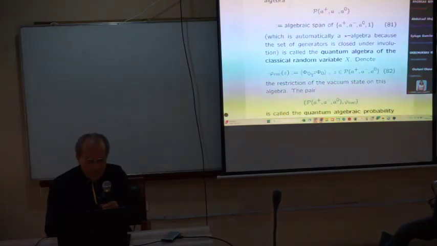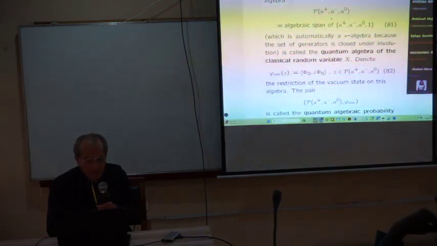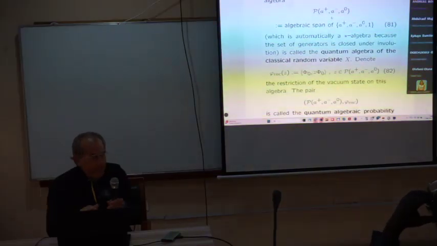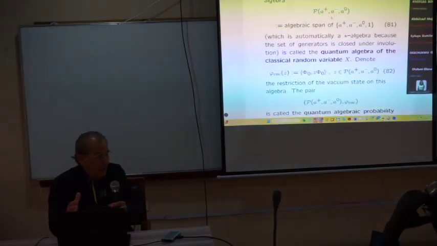Which is this state? Is the state, because you see, every element of this algebra, the quantum algebra, associated to the random variable x, any element of this algebra is an operator on the pre-Hilbert space.